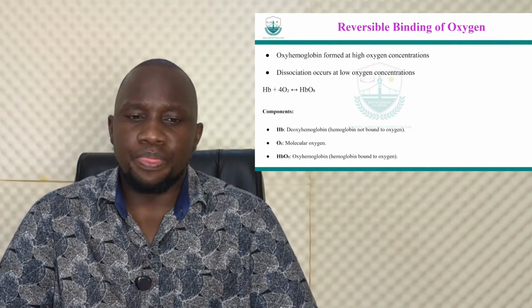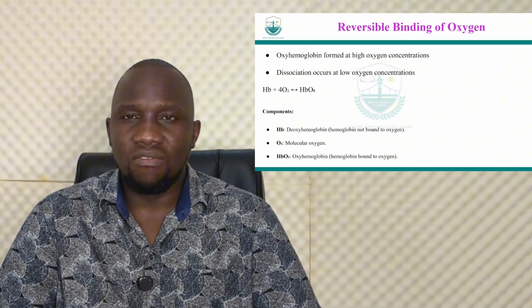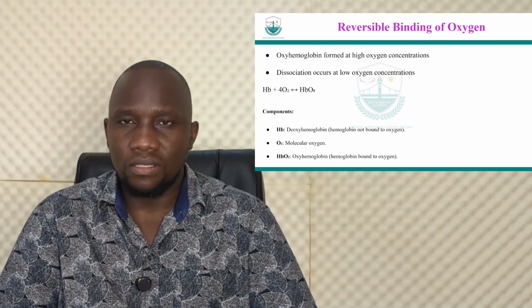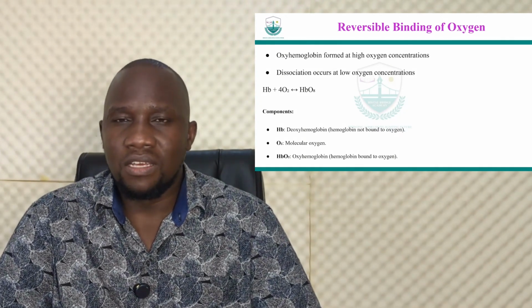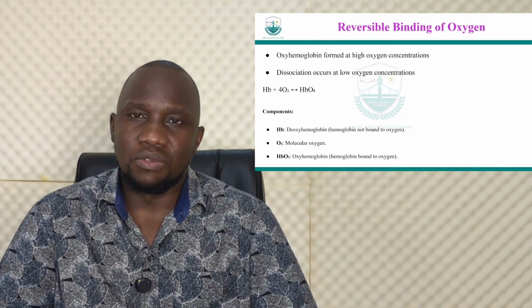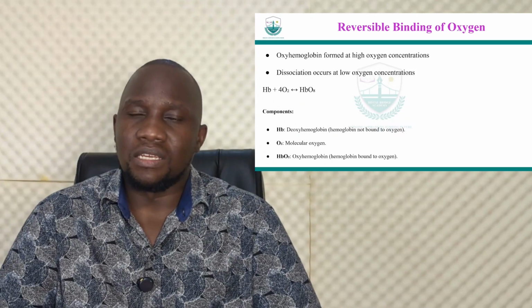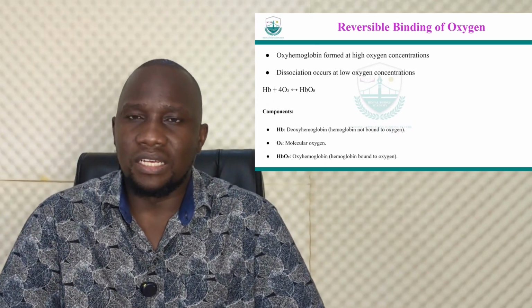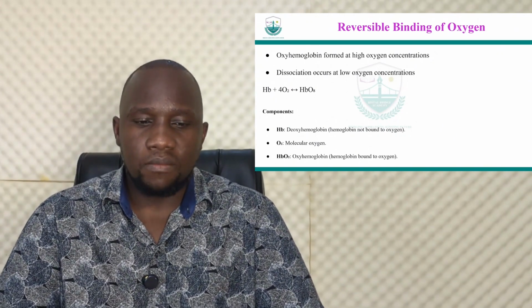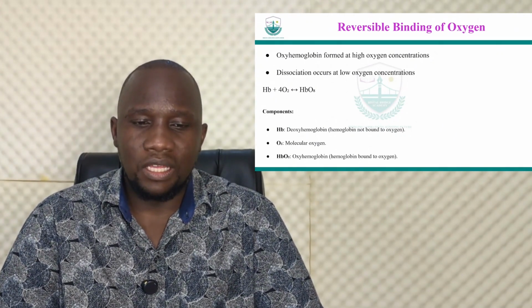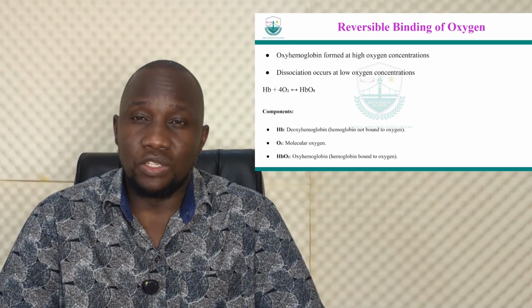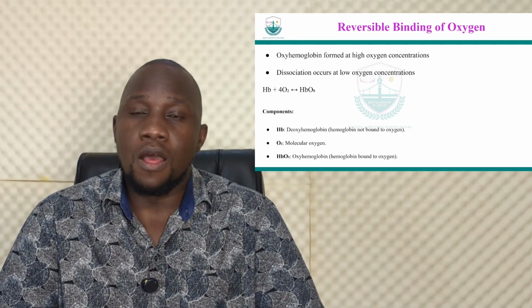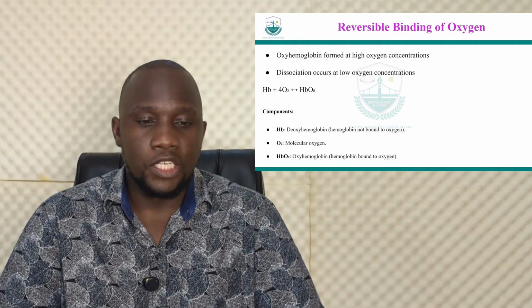So when you have low oxygen concentration, then you have hemoglobin releasing the oxygen. If you have high oxygen concentration, then the hemoglobin will be picking the oxygen. Okay, so we have seen the equation where we have 4 oxygen molecules binding to 1 hemoglobin molecule.